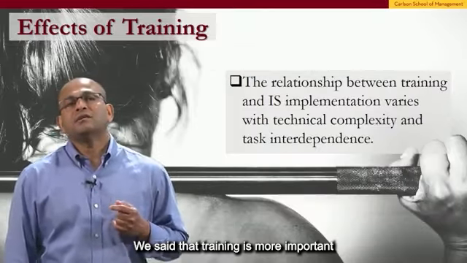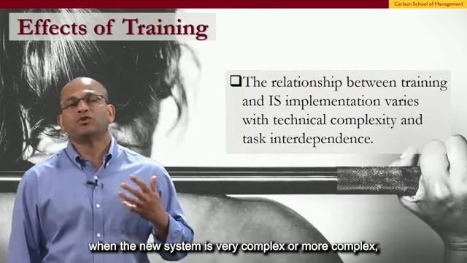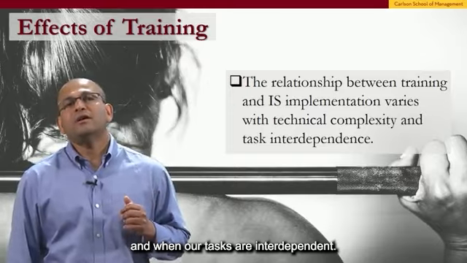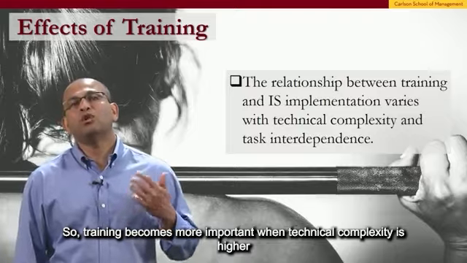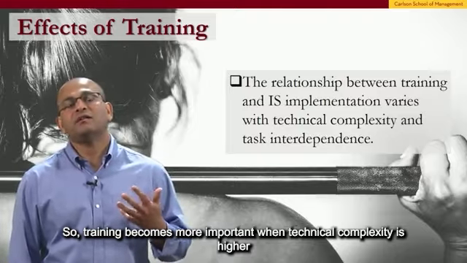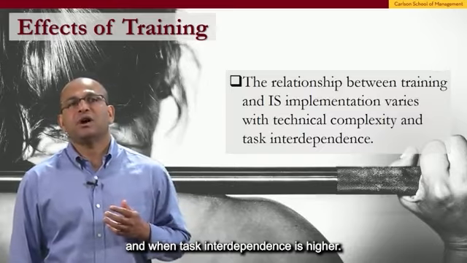We said that training is more important when the new system is more complex, and when tasks are interdependent. So training becomes more important when technical complexity is higher and when task interdependence is higher.